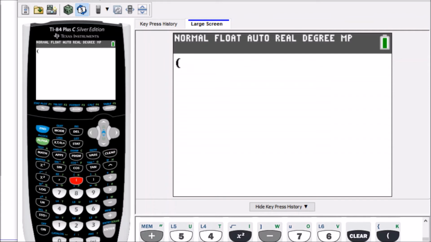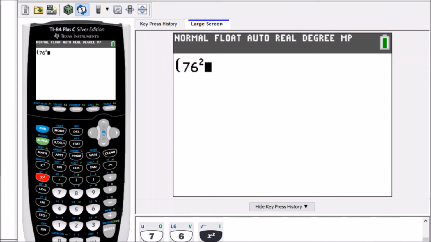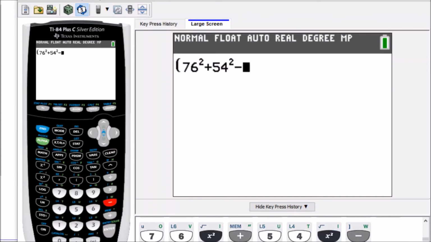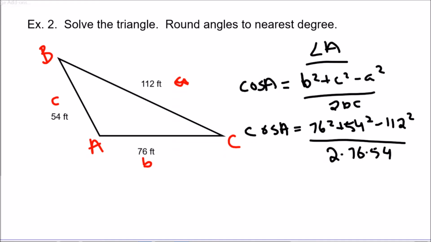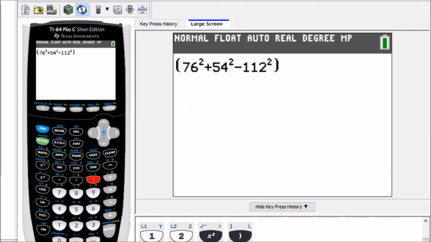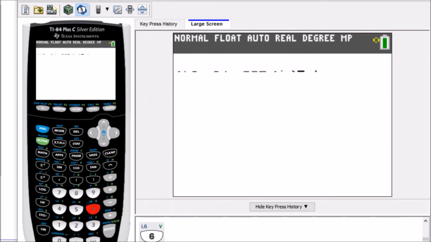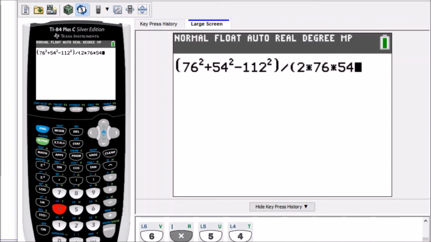I'm going to do 76 squared plus 54 squared minus 112 squared. Right, that's my whole numerator. That was everything I had on top. Then I'm going to hit divide, and I'm going to start another set of brackets for my denominator. And I'm going to do 2 times 76 times 54.